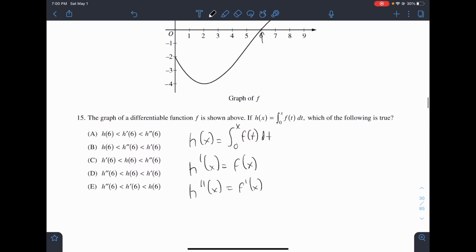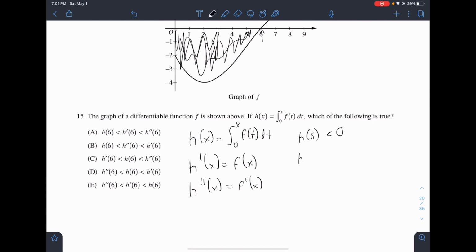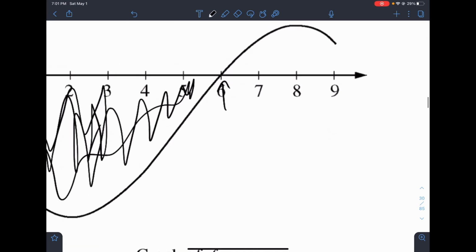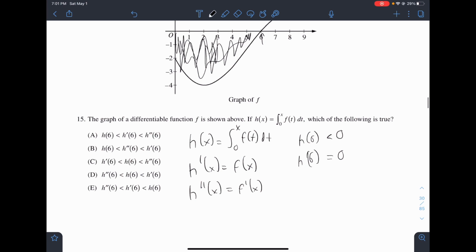So just looking, h of 6 is going to be less than 0 because the integral from 0 to 6, all of this is below 0, so it's going to be negative. We don't know the exact value, but it doesn't matter. And so h prime of 6, we can just see that's f of 6, which is 0. And then h double prime of 6 is f prime of 6.